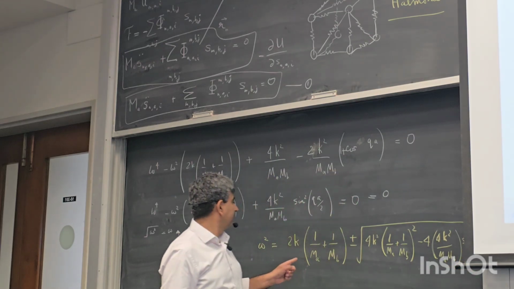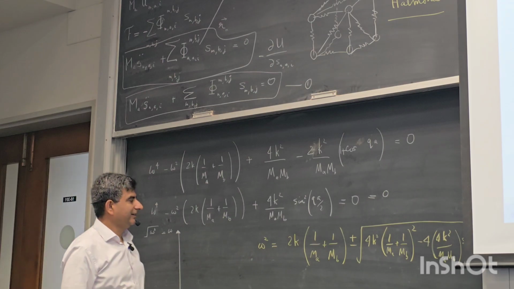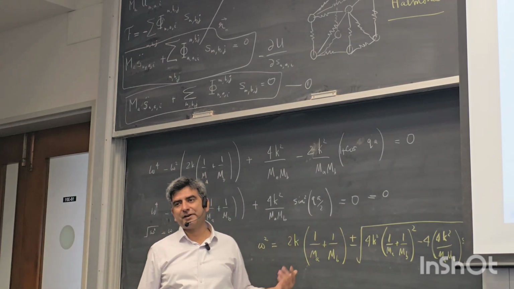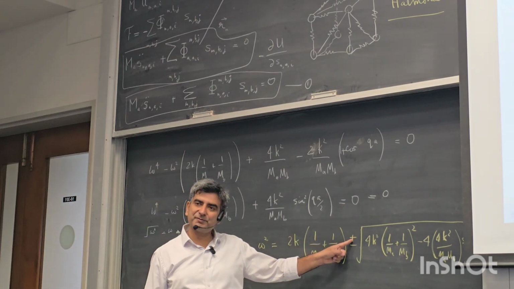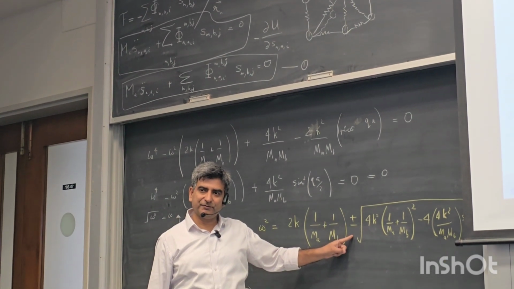Okay, I have taken this omega square, and then I take the square root of all of this to find out the omegas. Now there are 2 solutions, one corresponding to the positive root and the other corresponding to the negative root.